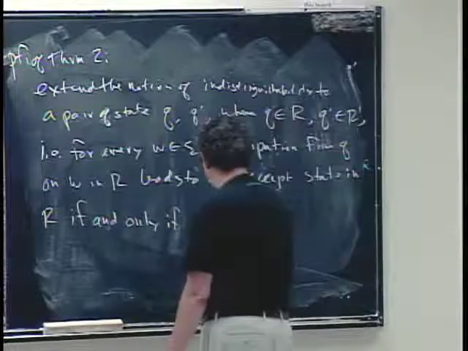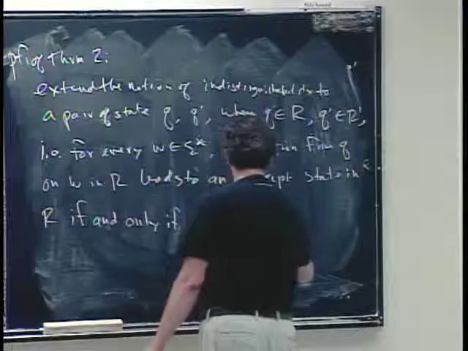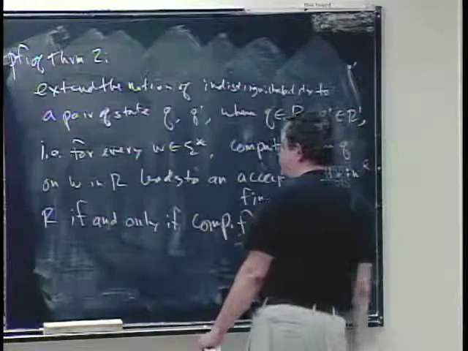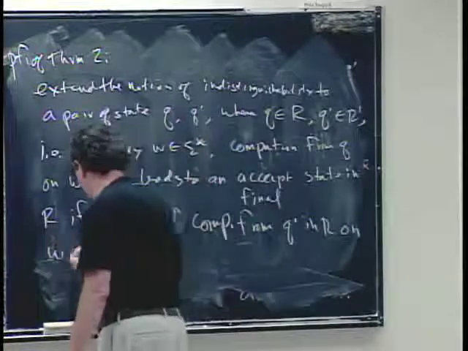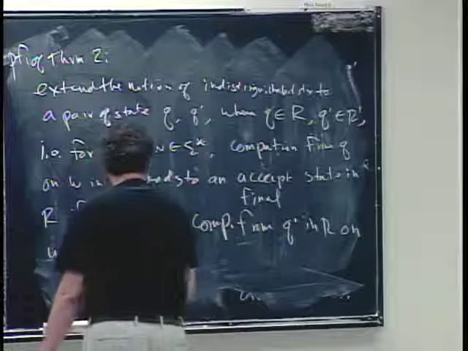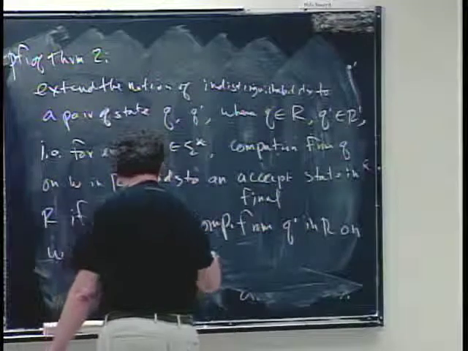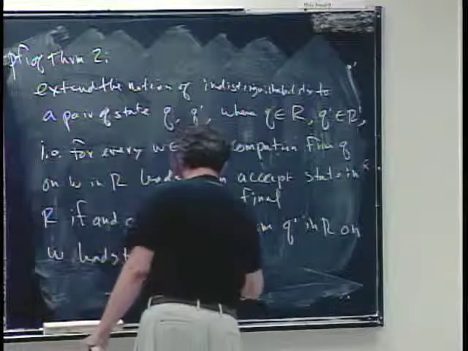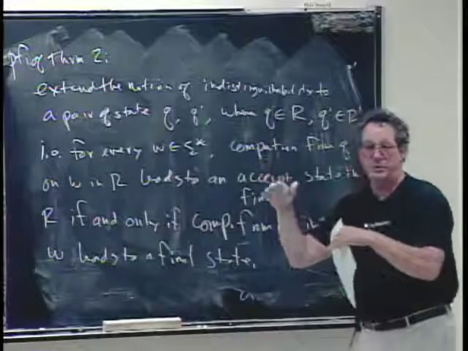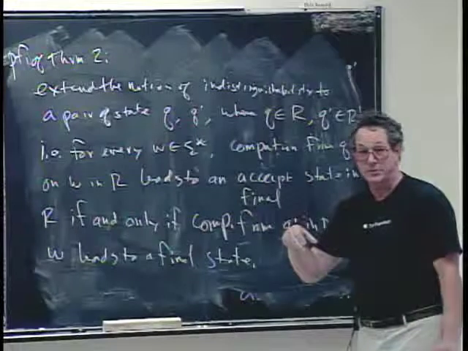So that's what it means for two states to be indistinguishable, even though one is in one finite state machine and one is in another finite state machine.